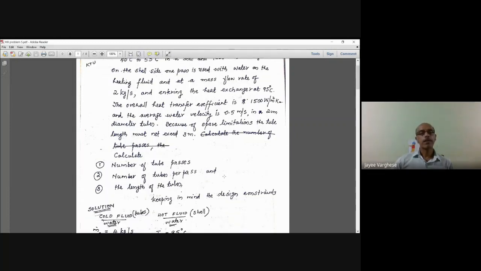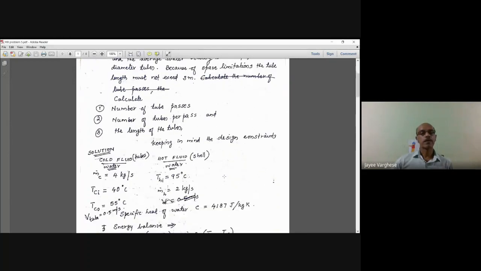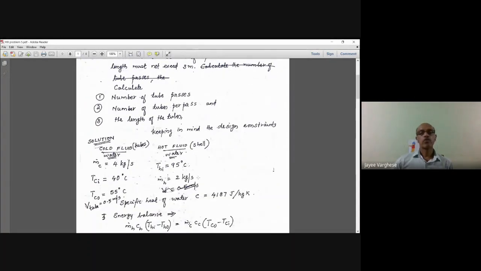Now we will write down the data given. So hot fluid is flowing through the shell and is coming at an inlet temperature of 95 degrees Celsius, which has a flow rate of 2 kilogram per second, and the specific heat can be taken as 4187 joule per kilogram Kelvin. This is not given in the problem. We can take this from either data book or from the known value.